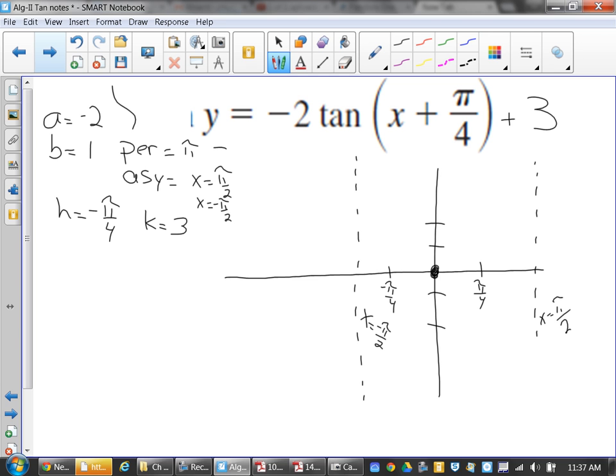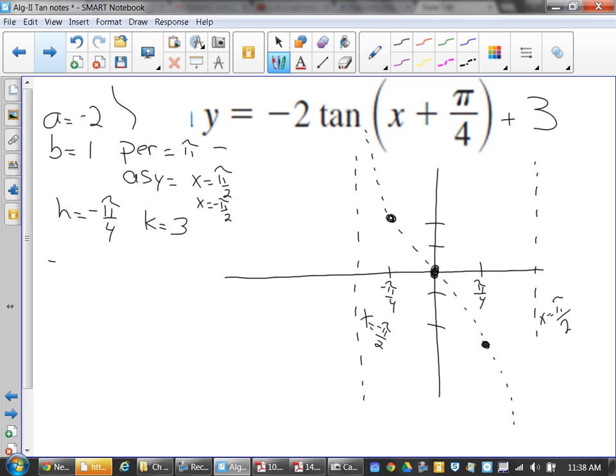Since it is a negative a, it means it's going down from left to right. So it's going to be at negative pi over 4, positive 2, and pi over 4, negative 2. And how do we connect these dots? Just like we did before, we list out our ordered pairs.